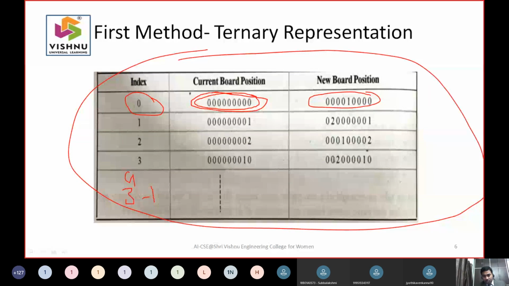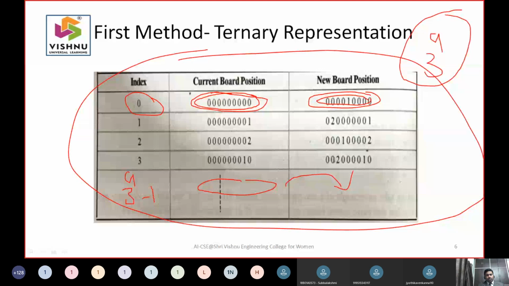If this is the next possibility, you need to find out where the corresponding next board position is. Obviously, when you represent all these positions, since you have 3 values and 9 different positions, you get 3 power 9 different states. Every time you move from one state to another, these 3 power 9 states have to be explored, and based on that you move. It is a time-consuming process, and there is a space requirement as well.